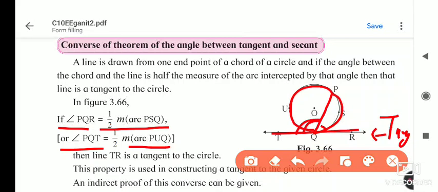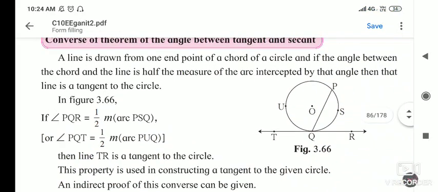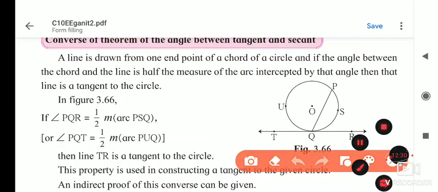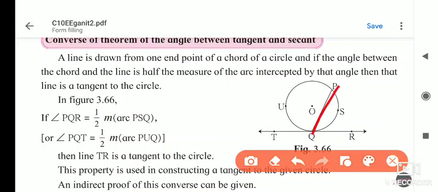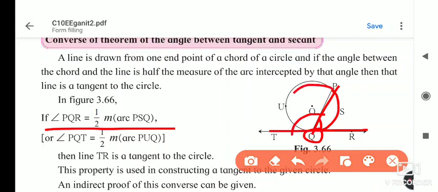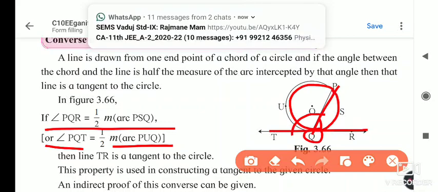First of all, we will understand the statement again. If a line is drawn from the endpoint Q of the chord of a circle, here TR, and angle PQR is half of the measure of arc PSQ, and PQT is half the measure of arc PUQ, then TR is a tangent.